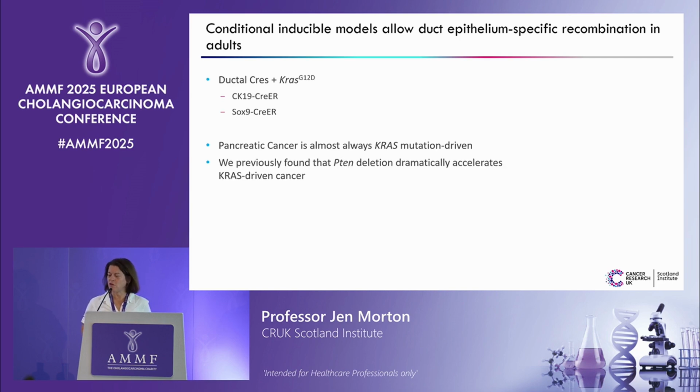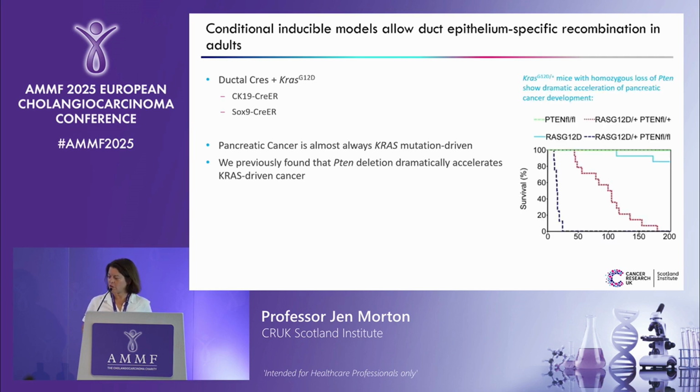And we'd previously shown that P10 deletion dramatically accelerated KRAS-driven cancers, as you can see here. So we combined KRAS and P10 mostly as a proof of concept. Those tumours appeared to be of ductal origin.